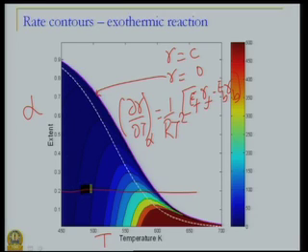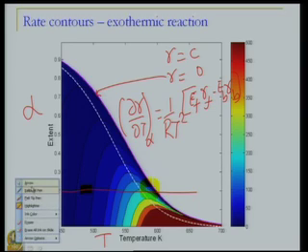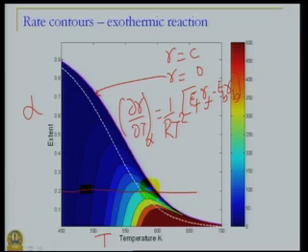The color is changing from dark blue to light blue. That means the reaction rates are increasing. Then beyond a certain point, notice the change in color from light green to light blue to dark blue. That means the reaction rates are once again decreasing in this range.